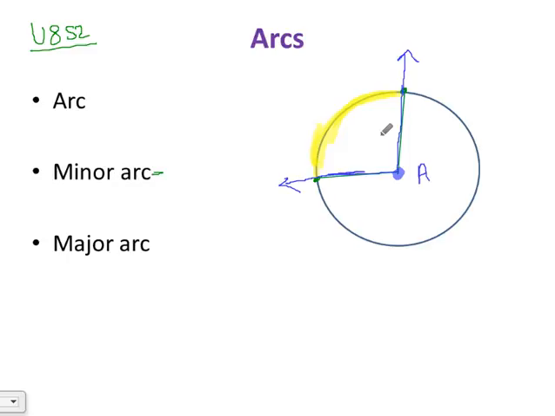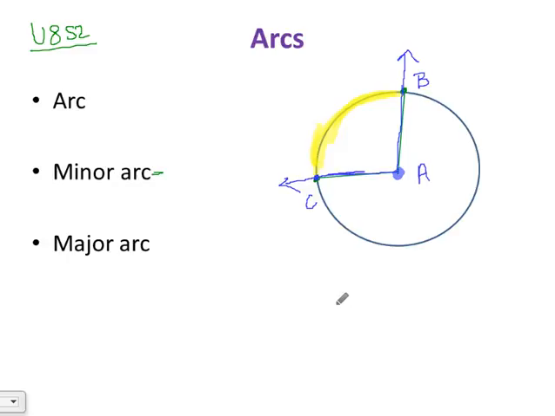Remember, two rays create an angle. We'll call this point B, and this point C. So we've got angle BAC, or CAB. We've got an angle in our circle.